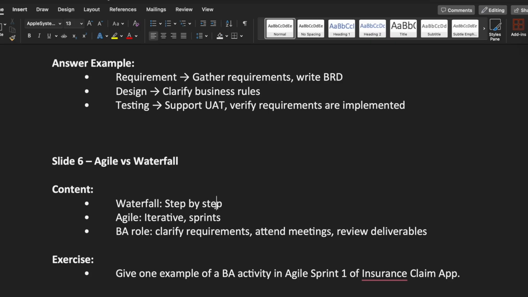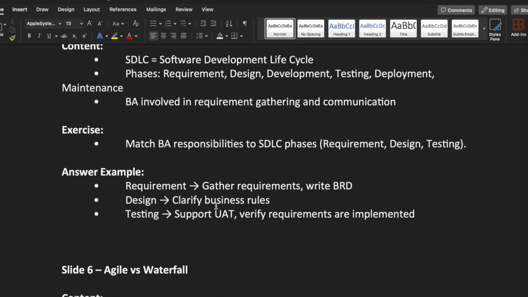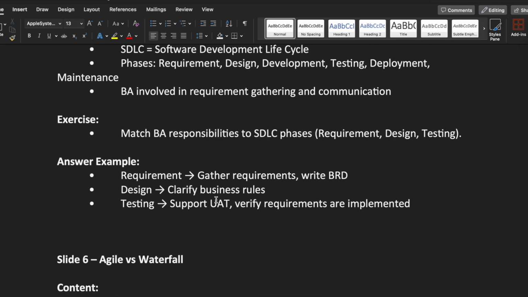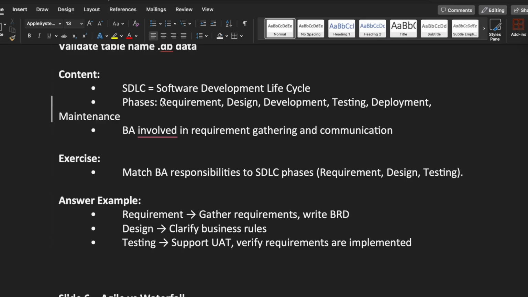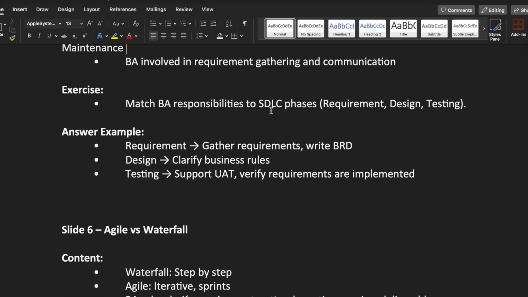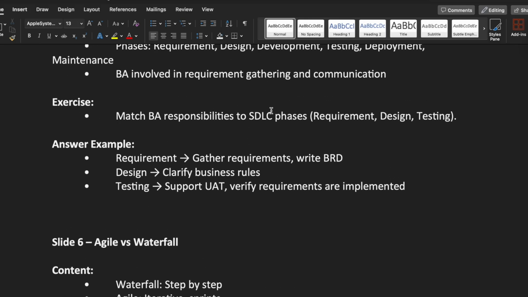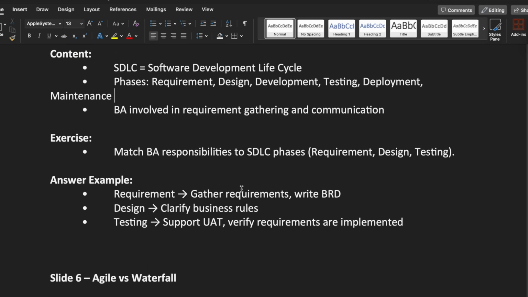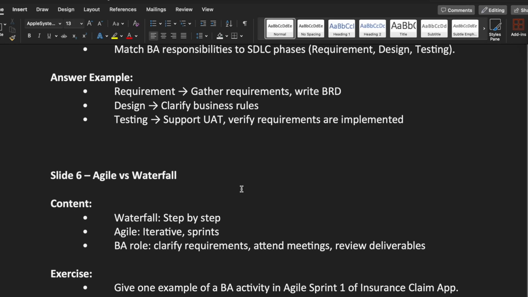Pretty much, in Waterfall and Agile we follow the same STLC process approach. In the Waterfall methodology, as a BA you need to give a BRD. That's your requirement, so you have to create BRD and FRDs. Once you create them, it goes to the developers and they start developing.